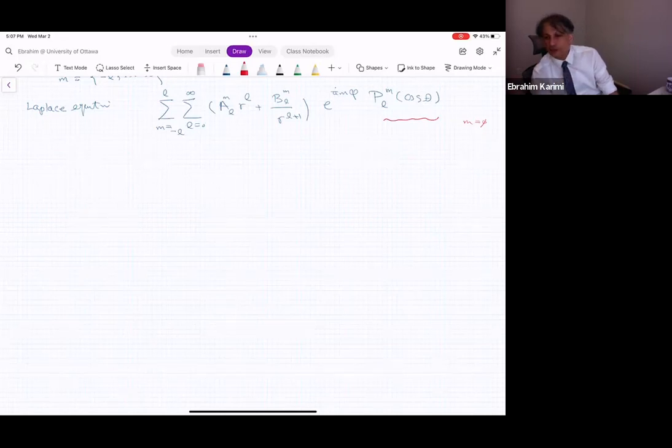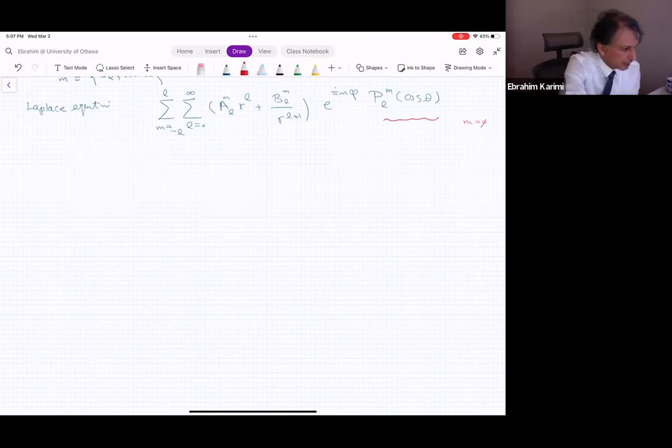That's a general solution that we can work with, and we can find the potential in space, and that will be extremely useful, by the way, for the calculations that we will be using during the next lecture.